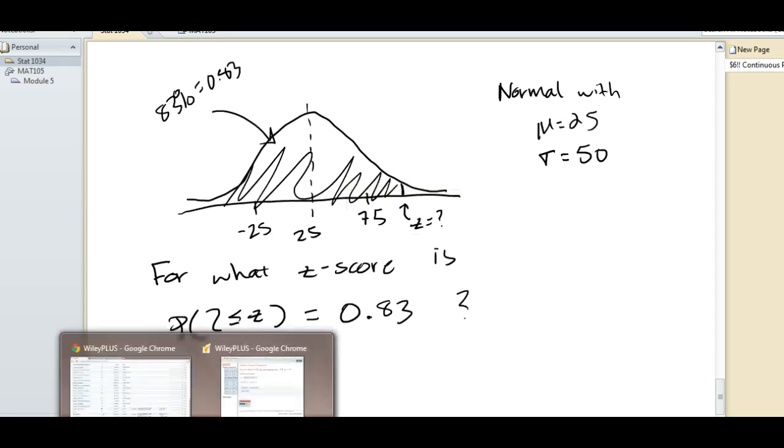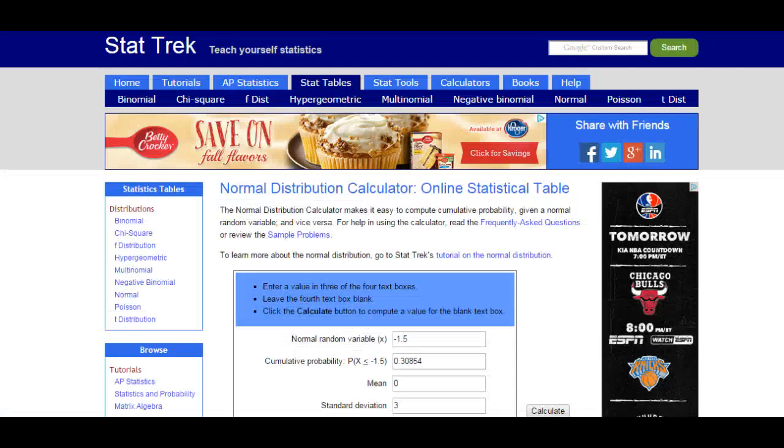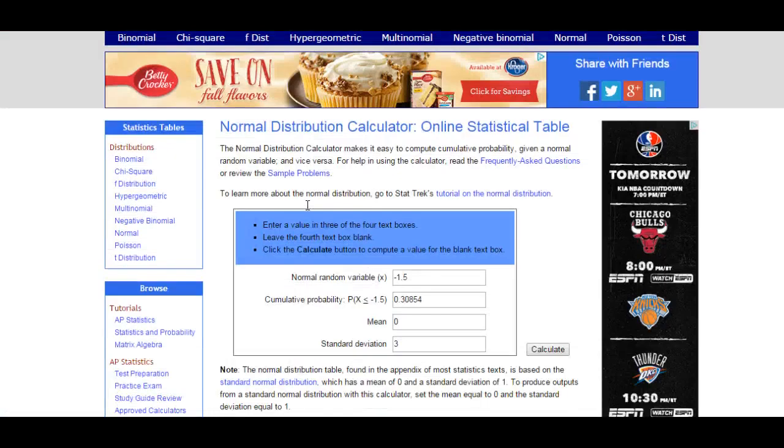Okay, well, we can do that on the calculator as well. We can go back to StatTrak. And what do we know this time? Well, we knew that our mean was 25. Our standard deviation was 50. And we know that we want to know when the probability is 83%. And we don't know the z-score.